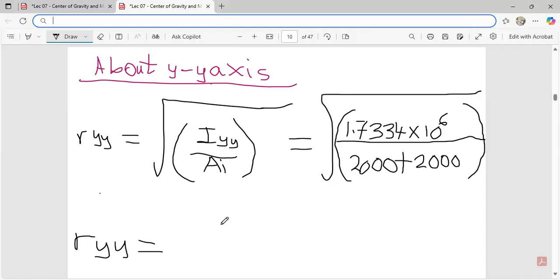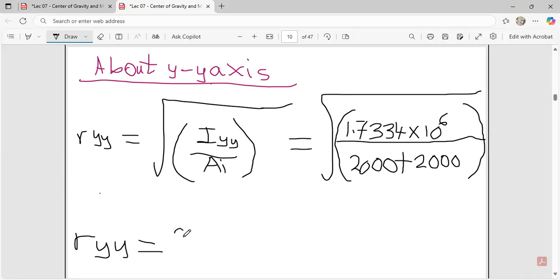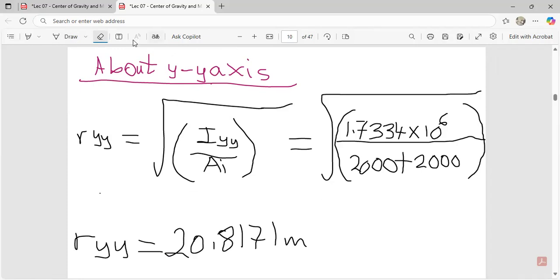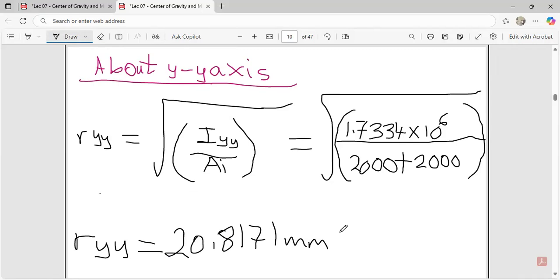Press SD on the calculator. Your answer is going to be 20.8171. Radius of gyration is measured in what? It's measured in. Okay. So just as simple as that.